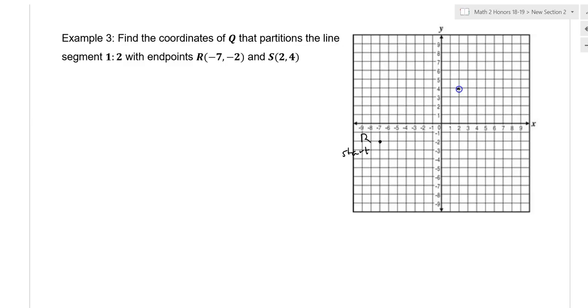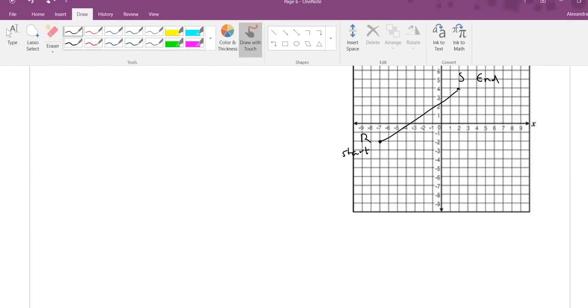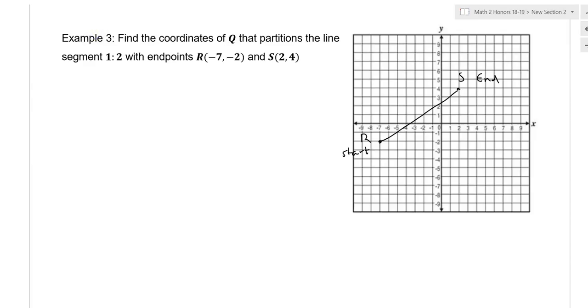S at 2, 4 is the end, starting from here to here. Writing our fraction, it's 1 over 1 plus 2, which is 1/3.